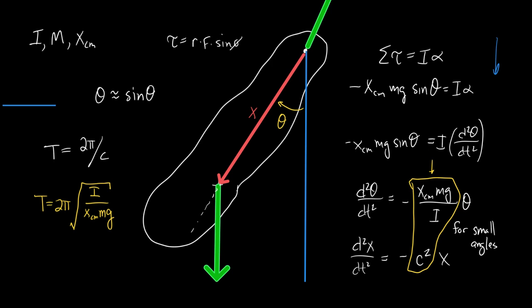Now, simple pendulum, physical pendulum. They have some differences. The period for the physical pendulum looks like this. A physical pendulum. That's what this is. That's what we just got. Now, you remember that a simple pendulum is a point mass at the end of a string, right?